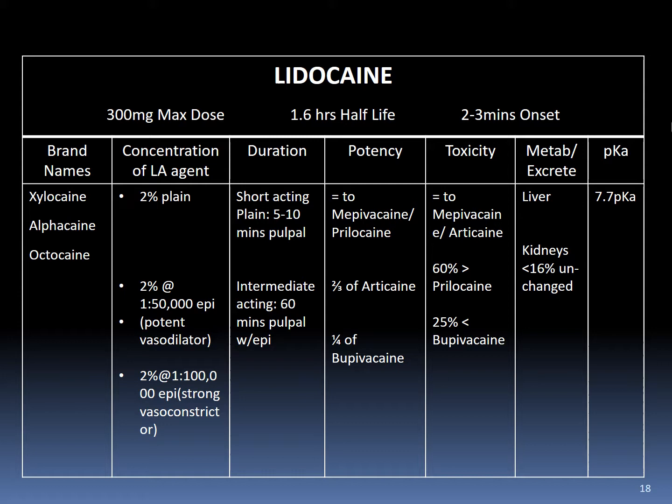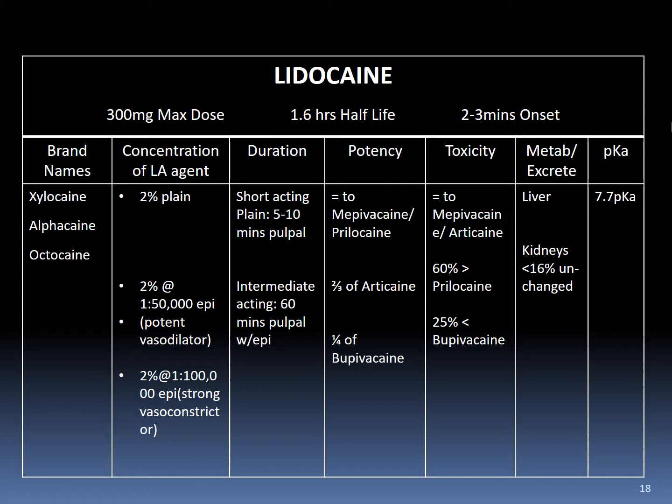There are several different brand names that lidocaine is packaged under, and Xylocaine, Octocaine, and Alphacaine are 3 of them. Also the concentrations: it always comes in a 2% concentration, and it comes in 3 forms: with vasoconstrictor, and there's 2 levels, a 1 to 50,000 and a 1 to 100,000. Both are quite potent. Or it comes plain.